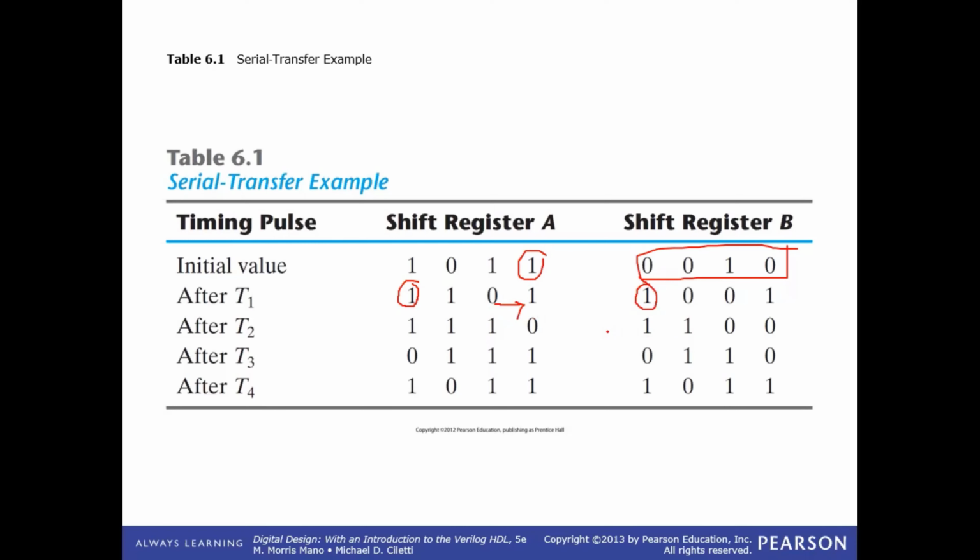That means we have this 1 transferred over here and over here as well. Then this 0 is transferred over here and over here as well. Then this 1 is transferred over here and over here as well, which completes our sequence 1011 again, and 1011 has been completely transferred to the shift register B.